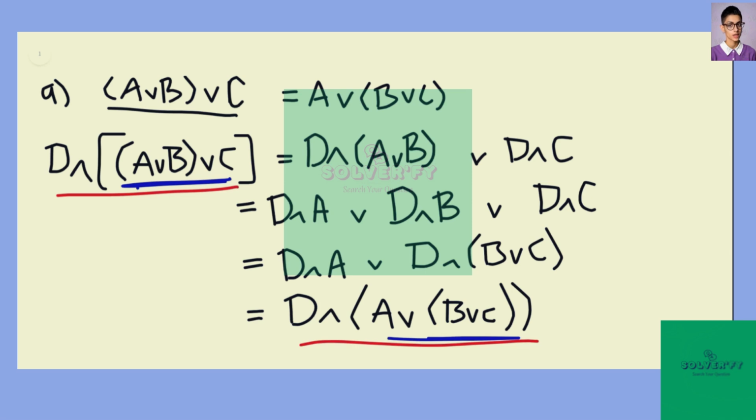Because if we're taking D and those two expressions to be equal, then that expression in the brackets must be the same.